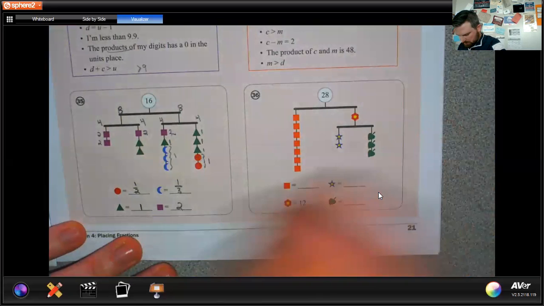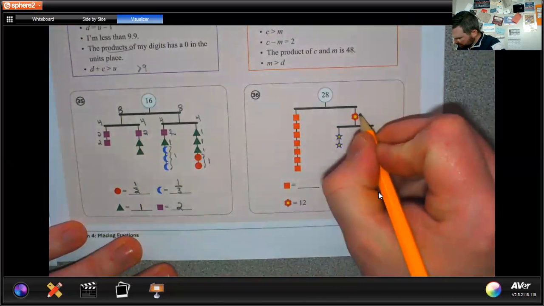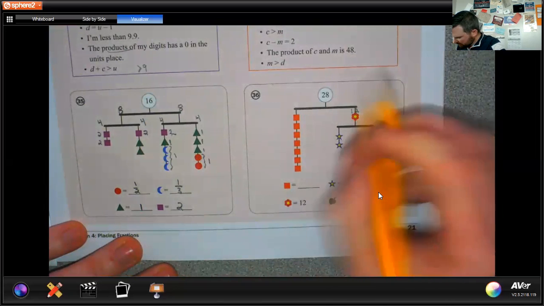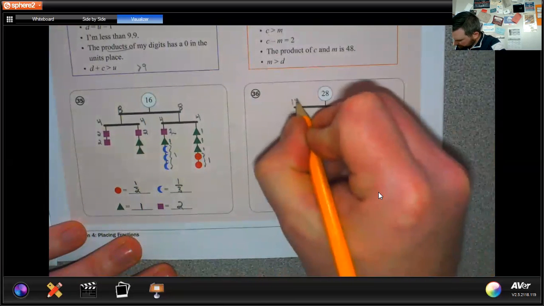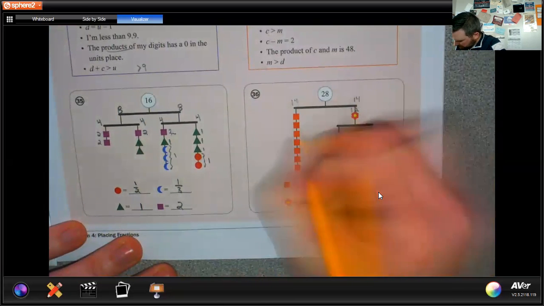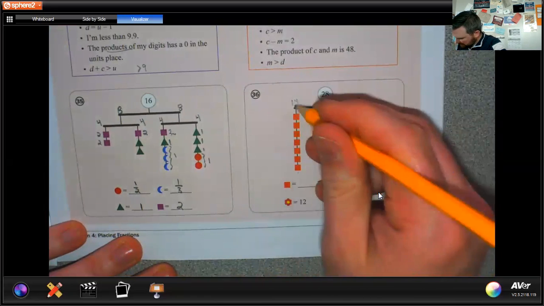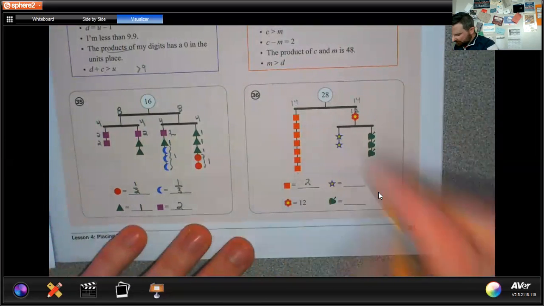All right, so we have that this thing here is 12. This is 12. Okay, 28 divided by 2 is 14. You got 1, 2, 3, 4, 5, 6, 7 squares. So 14 divided into 7 is 2. You got 14.